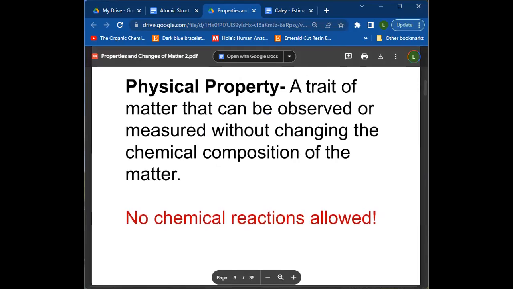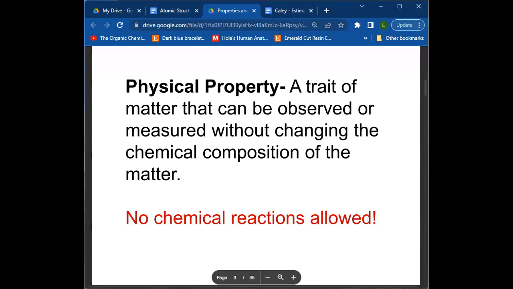Okay, so for all types of matter, we need to know that matter is going to have physical properties. Physical properties are supposed to be a trait of matter that can be observed without measuring or changing the chemical composition of matter.